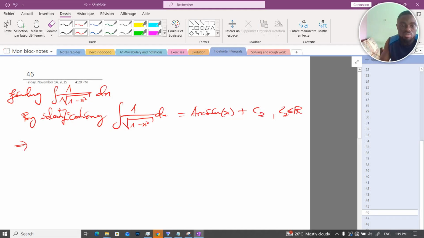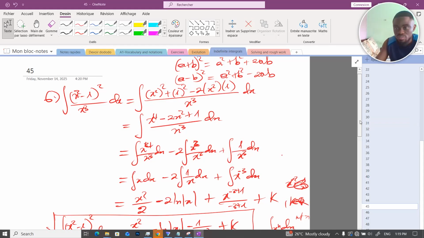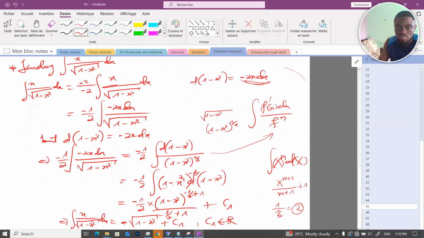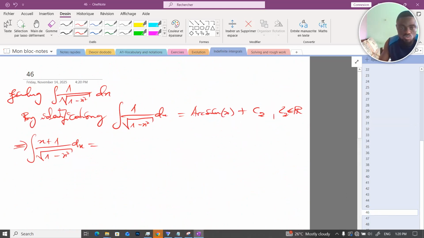So it then implies the integral we're finding, x plus 1 all over the square root of 1 minus x squared dx, will be equal to our first integral, which is minus the square root of 1 minus x squared plus a constant c1, plus this integral, which gives arc sine of x plus the constant c2.